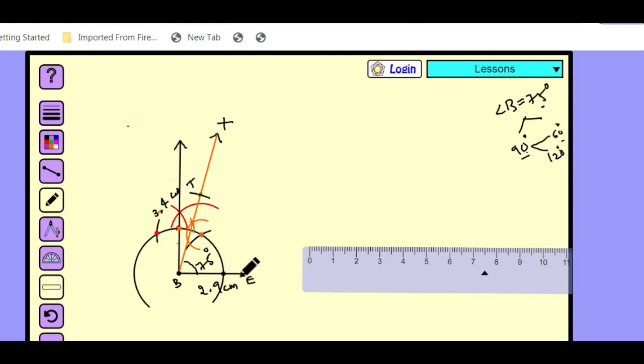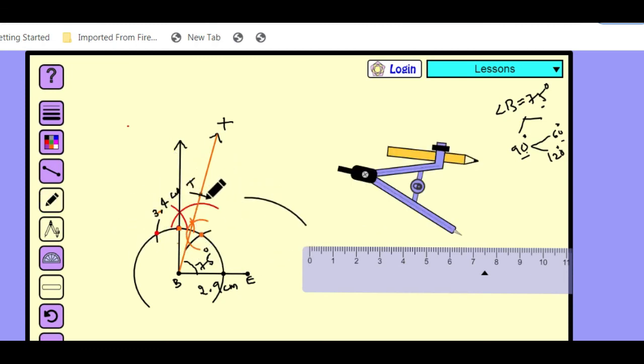Now draw E to S with 3.2 centimeters with the help of the compass. Take the compass radius as 3.2 centimeters. Next, with the center E, draw an arc here. Again with the center T, draw another arc with 2.7. Why?